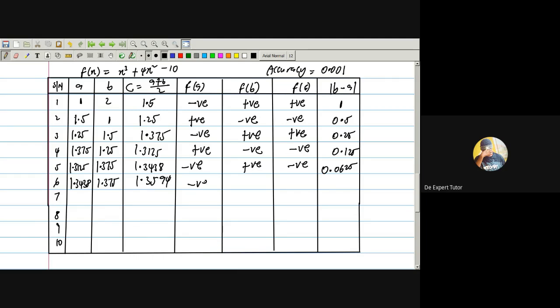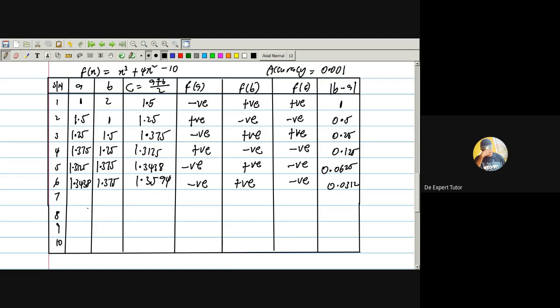This is negative. This is positive. Both of this, answer raised to power 3 plus 4 answer squared minus 10, negative. So the error is 0.0312.